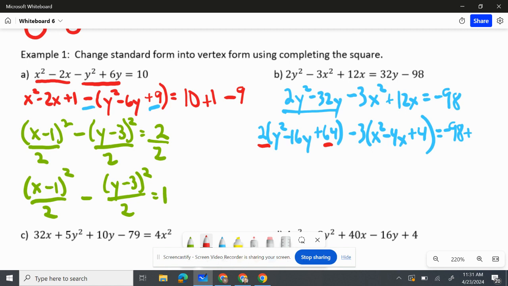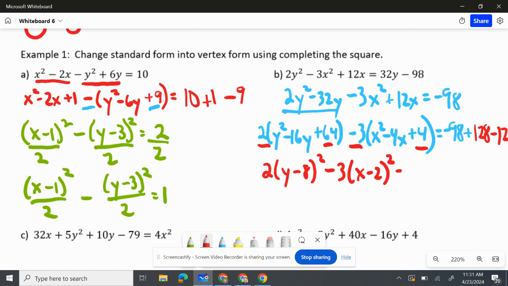2 times 64 is 128. Negative 3 times 4 is negative 12. I'm going to factor it, and that gives me y minus 8 squared minus 3 times x minus 2 squared equals, and that's going to give me an 18.